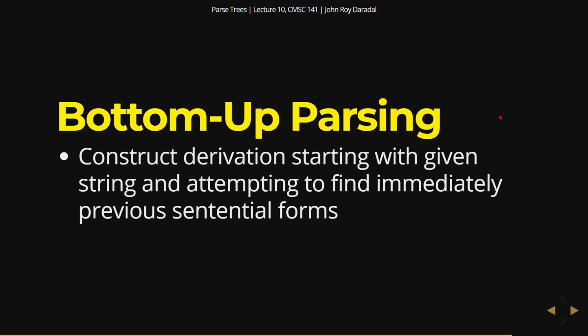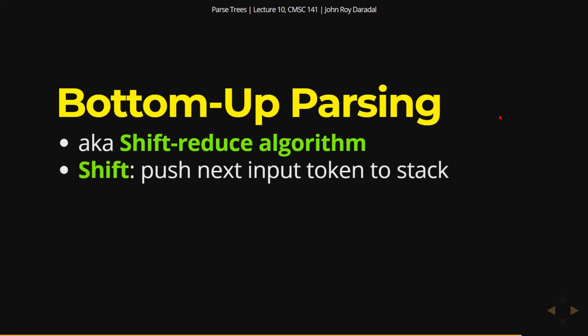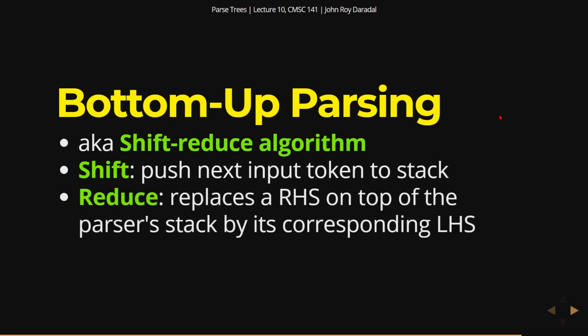But in bottom up, you start with the string and try to derive all the way to the top ang start symbol. Okay, so it's the opposite direction. So it's also known as the shift reduce algorithm because you shift or you push the next input token to the stack and you reduce by replacing a right hand side on top of the parser stack by its corresponding left hand side. So you're trying to reduce it into the start symbol eventually.